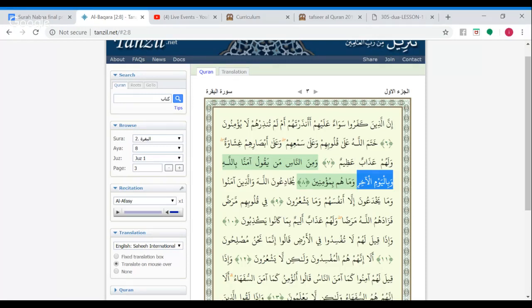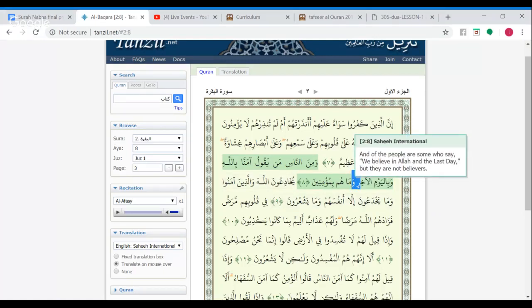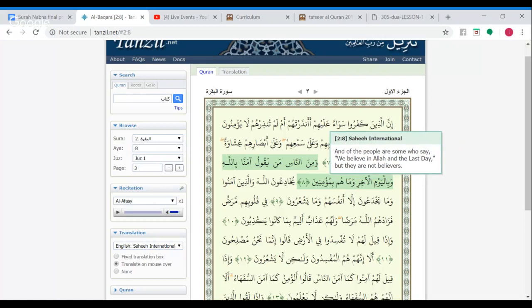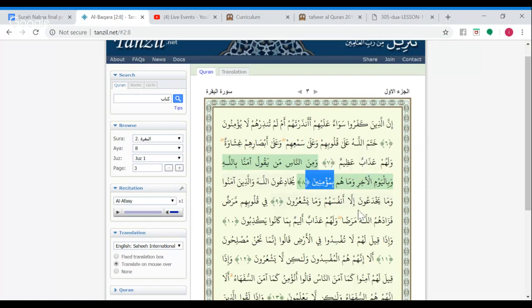Okay. Now wama, and whatever, ma, hum, they, bi mu'minin. Again, it's very important, bi mu'minin. Bi means at all here, at all mu'minin, believers. The ya and noon at the end are actually for the plural.